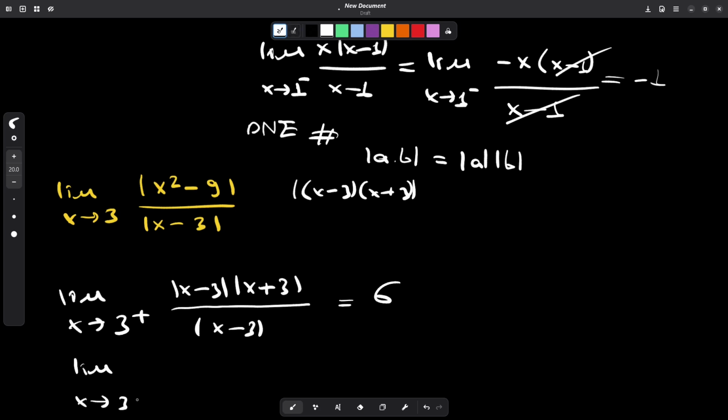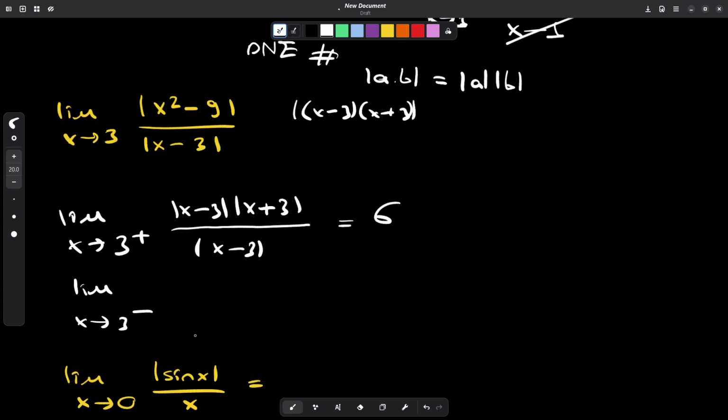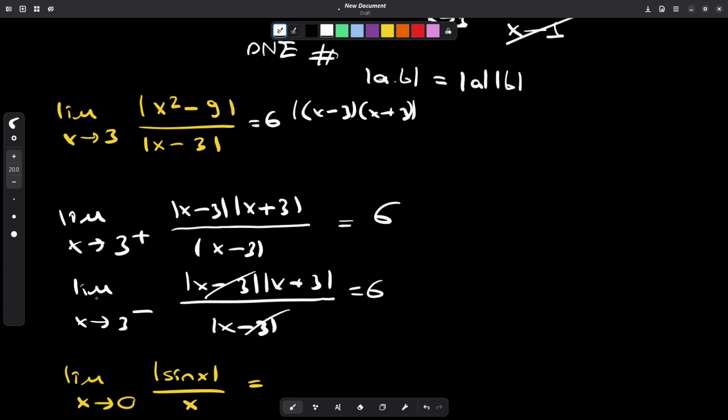From the left side of 3, absolute value of x minus 3 multiplied with x plus 3, absolute value of course, over x minus 3. Now these come out as negative, but they also reverse the signs because they will cancel each other out. So the answer is again 6. Therefore, this limit is 6.